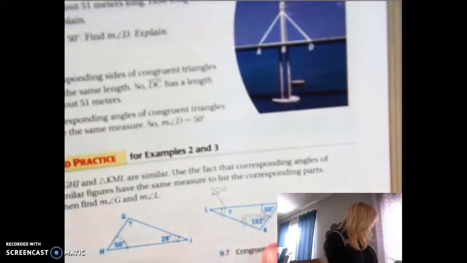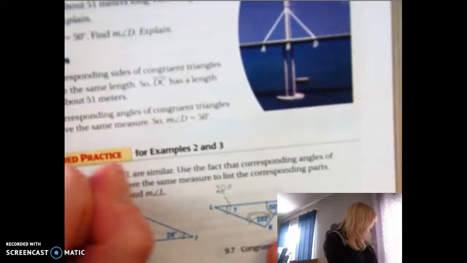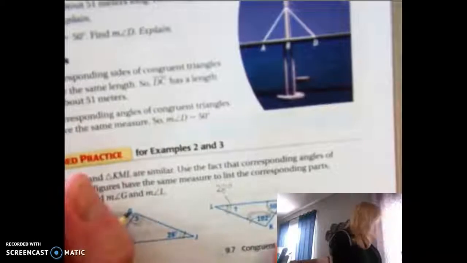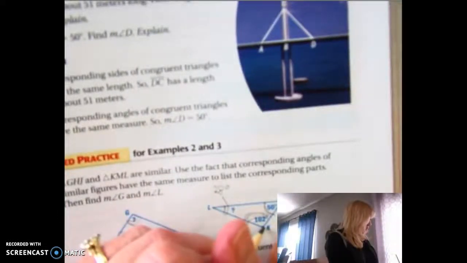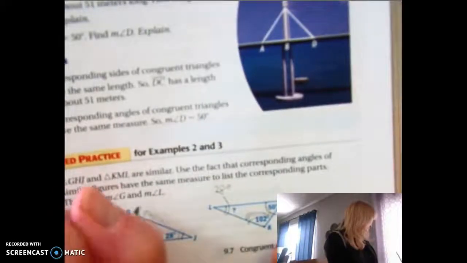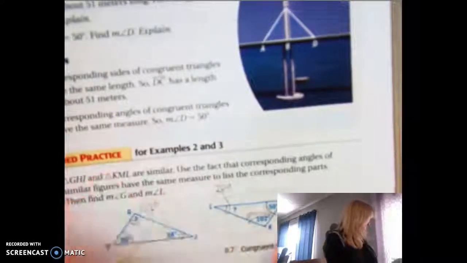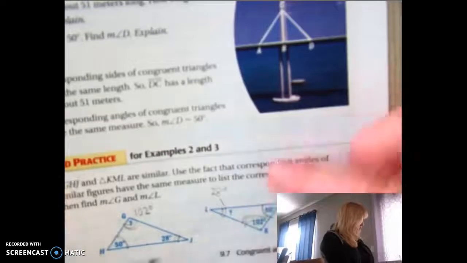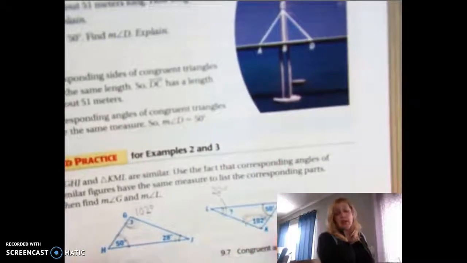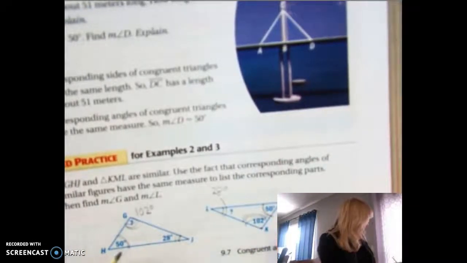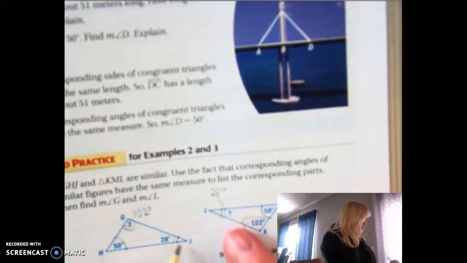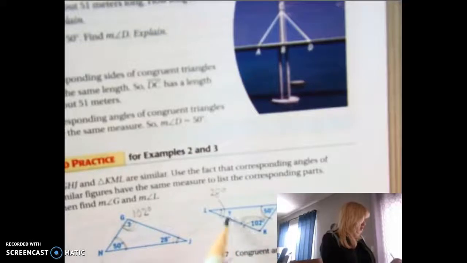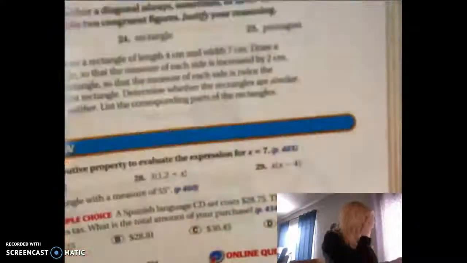Now I'm going to draw 3 little arcs. We don't know what angle G is, but we do know that it corresponds to angle K, which is 102 degrees. Notice that this one is similar, but it's turned upside down and it's flipped. So you want to make sure that you get the right ones, and I do take the time to find those corresponding parts to do that.